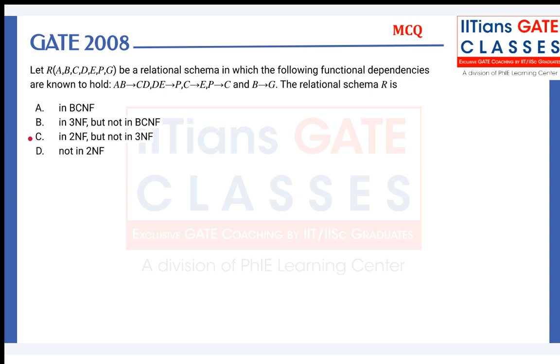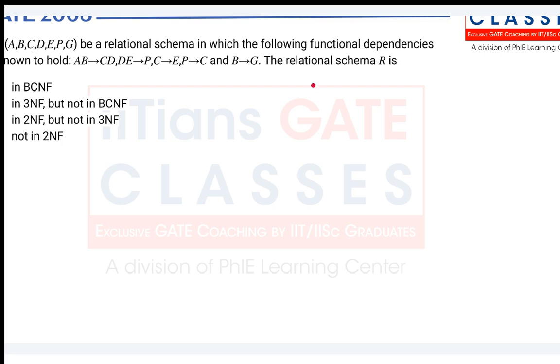Okay, saying it's not in 2NF. Okay, what is the first step? The first step is to find the candidate key. What is the candidate key of the relation? AB.